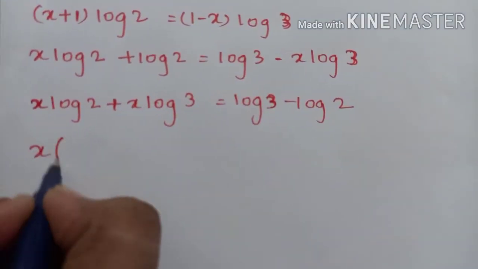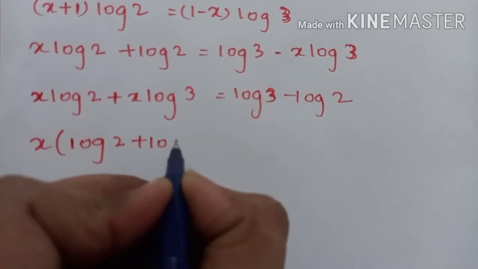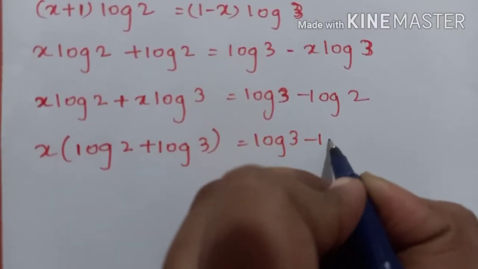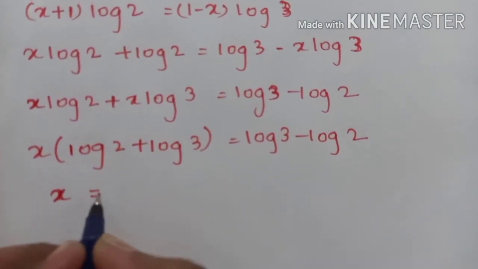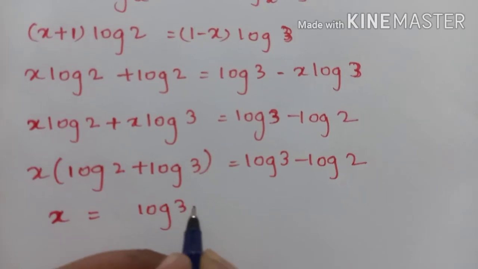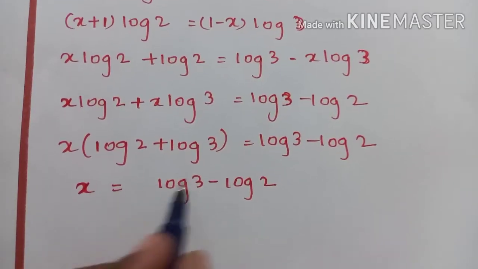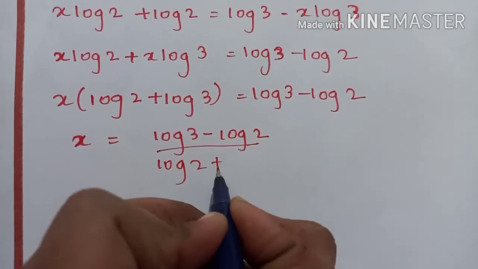Taking x common from both the terms, x(log 2 plus log 3) equals log 3 minus log 2. So x is equal to (log 3 minus log 2) by (log 2 plus log 3).